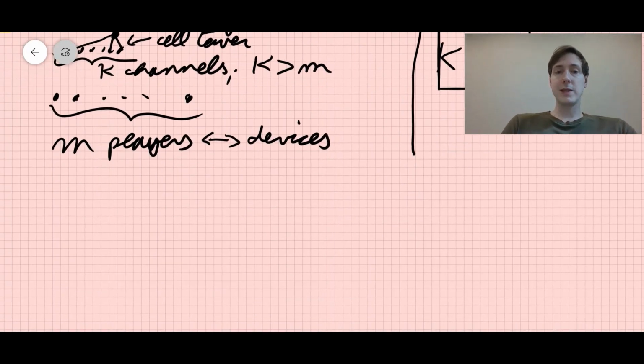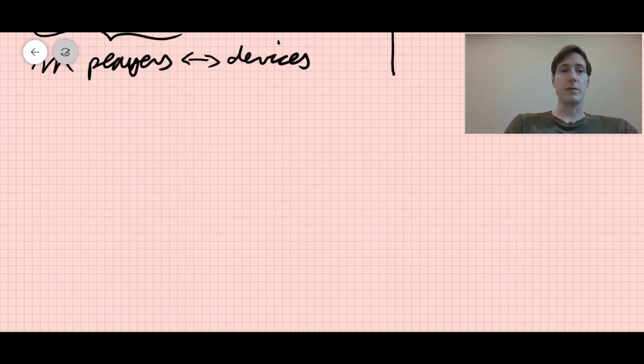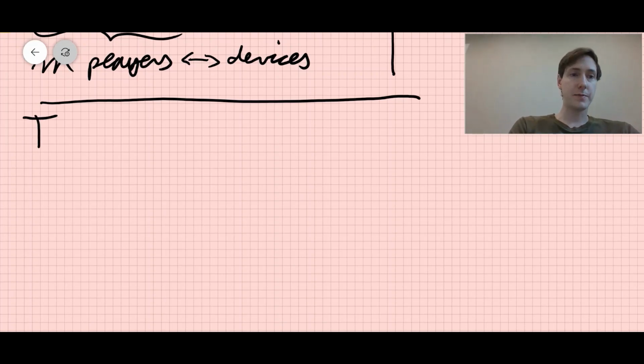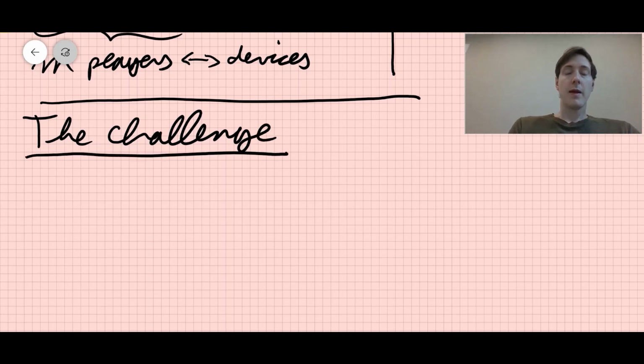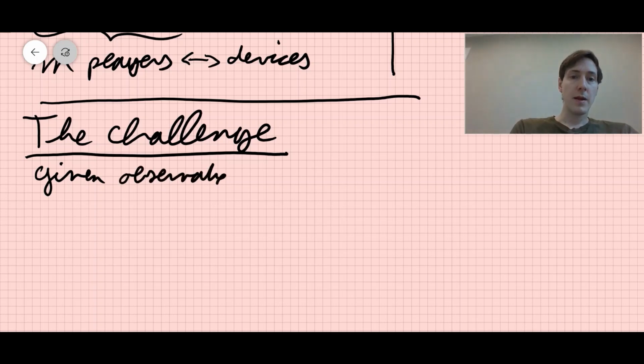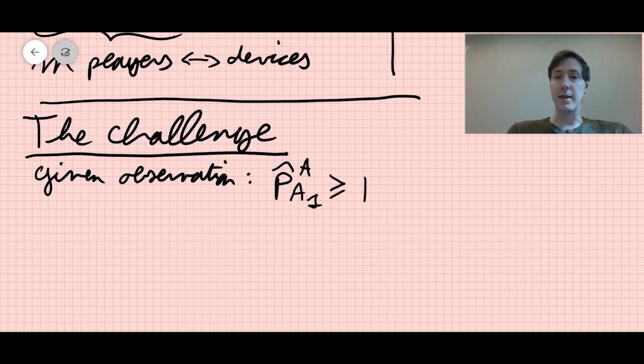So let us see what is the challenge. The challenge is as follows. Given their observations, they each have an ordering on the actions. Let's say that Alice is such that P hat A, the empirical mean for Alice, of action A1 is bigger than P hat A of action A2, which is bigger than P hat A of action A3.